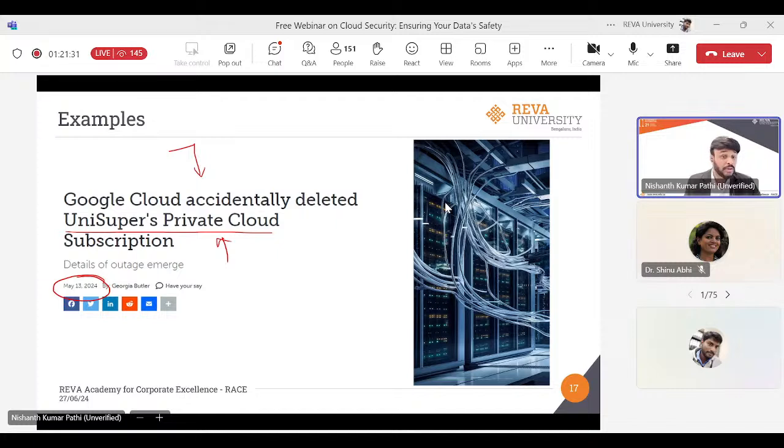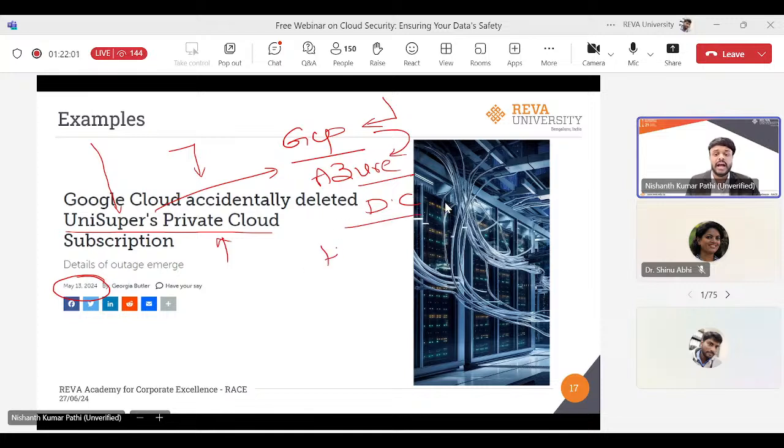And I have to really appreciate the engineer who did the strategy for UniSuper. Their primary cloud is GCP, their secondary cloud is Azure. That means they have one set of highly scalable infrastructure running on GCP, Google Cloud, with their backups also sitting in GCP, as well as a secondary infrastructure running on Azure and a data center.